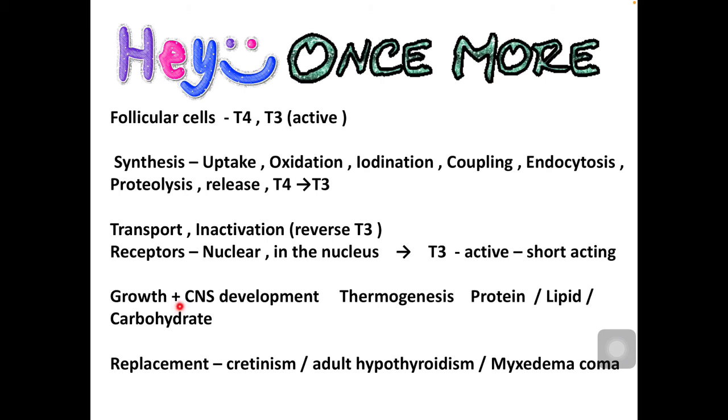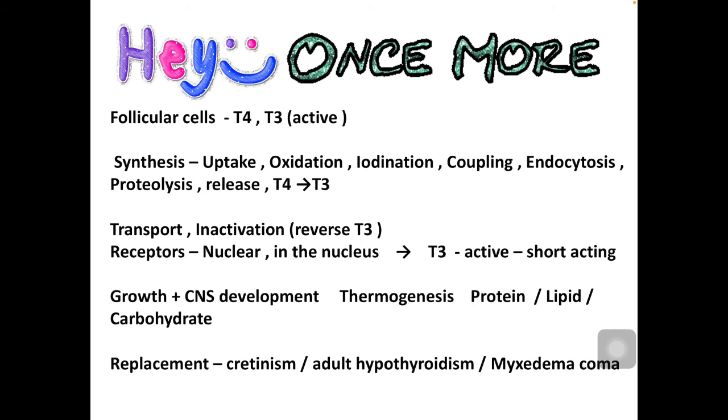Mainly the thyroid hormones are responsible for growth and CNS development, thermogenic and regulation of metabolism. Replacement is required in pediatric hypothyroidism, which is known as cretinism, or adult hypothyroidism, which is known as myxedema, and one emergency condition, that is myxedema coma.